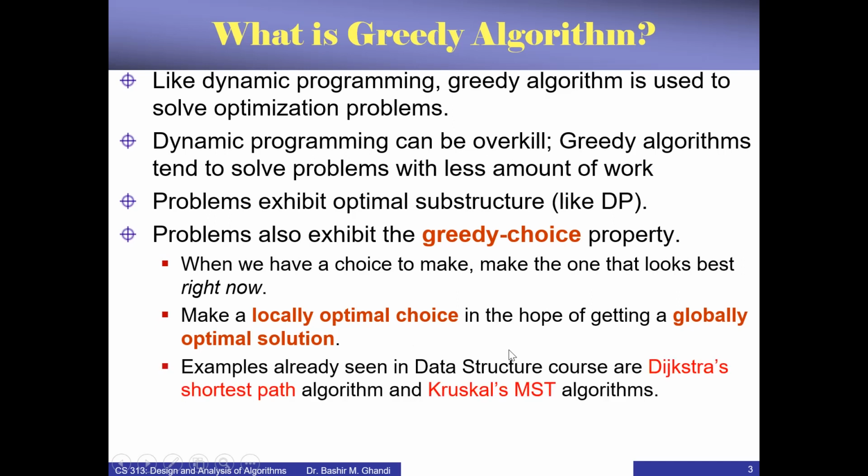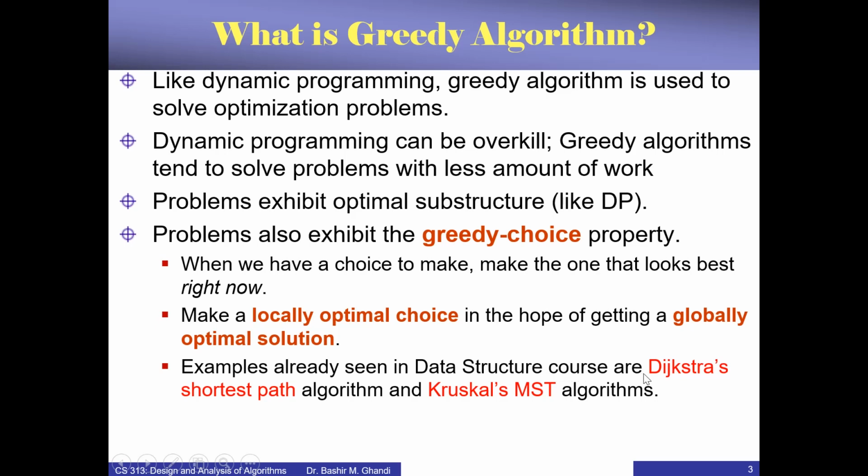Actually, this is not a new strategy for us. We have seen it in the data structure course. We have solved at least two problems using a greedy algorithm, only that we didn't mention at that time that we were using a greedy strategy.